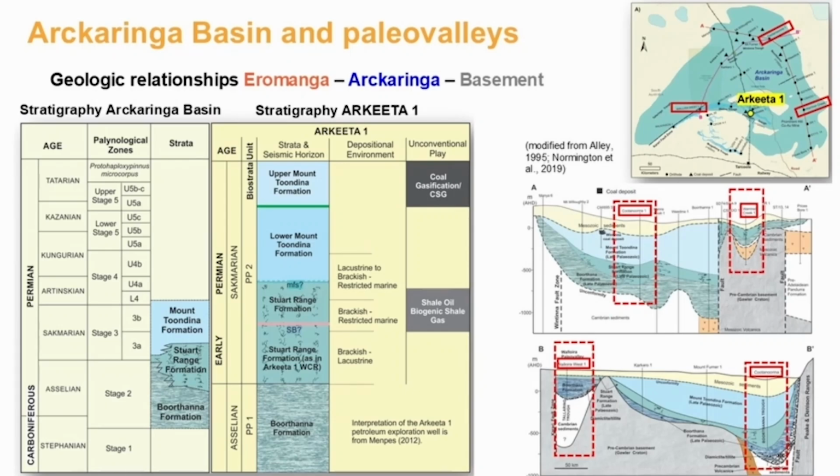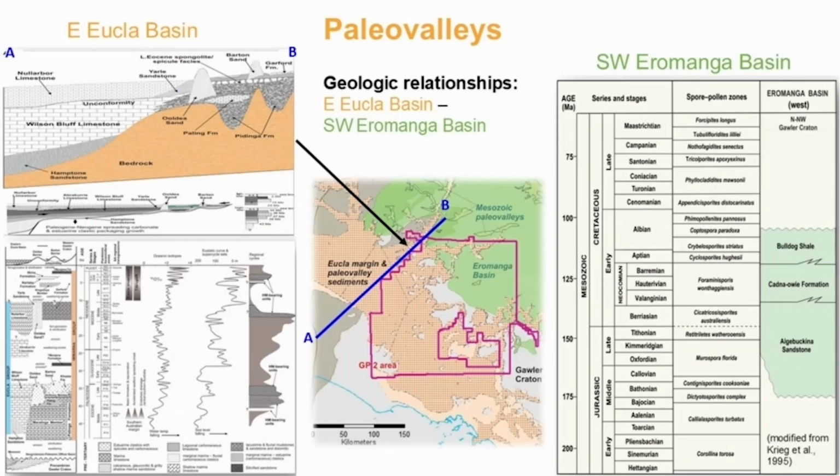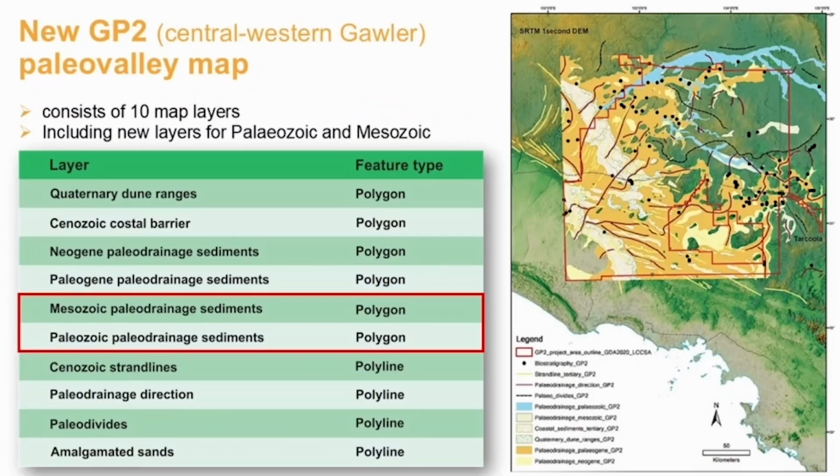That's why we want to work out the relationship between these valleys. For example, the Cenozoic Paleovalley is in the eastern Euclid Basin, and if you want to find the relationship between this Paleovalley and the underlying Mesozoic Paleovalley, it's very difficult, because the Mesozoic Paleovalley is normally flowing to the northeast, and the Euclid Basin one is flowing to the southwest.